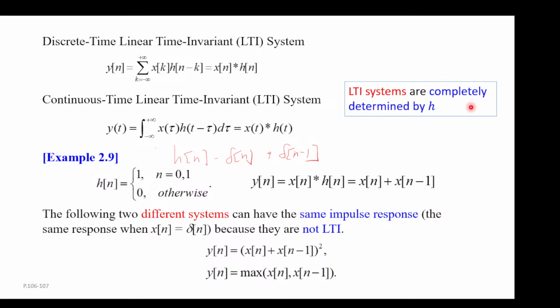That's why they seem to contradict this statement. That's because for this statement you really need an LTI system. So we just have an example here: y of n equal to x of n plus x of n minus 1 squared. So this is different from this system. But you can check the impulse response. You can put x of n equal to delta of n inside.